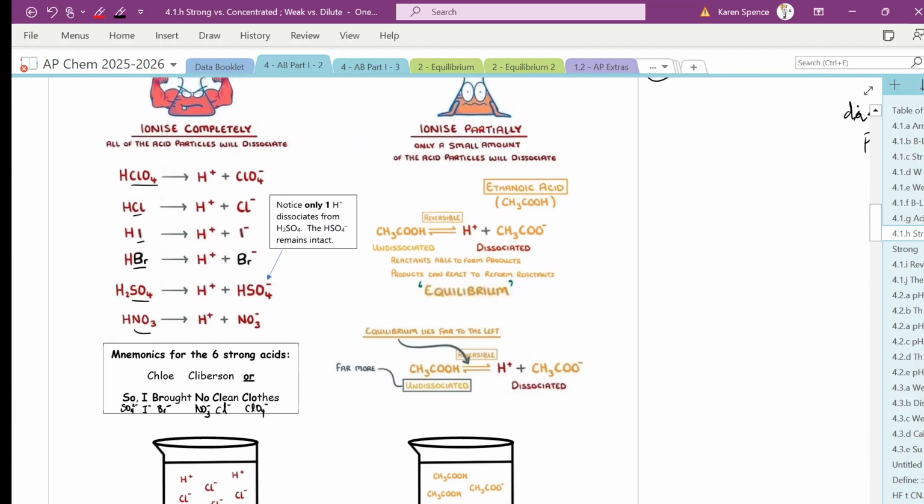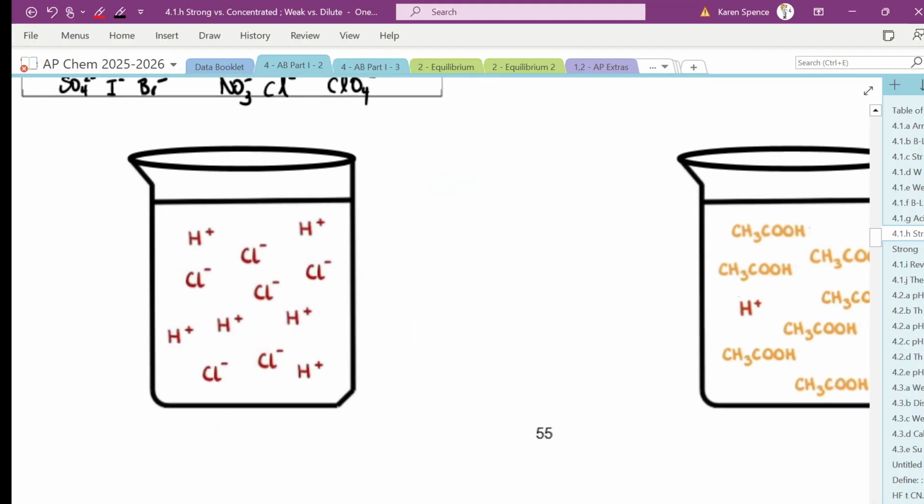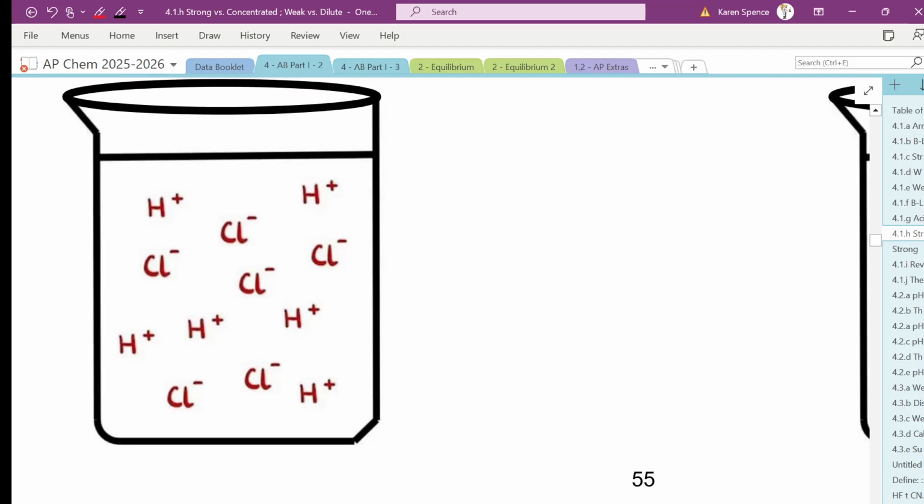Okay, so those are our strong acids, and what they look like in water is they look like this. Yes, all ions all the time.